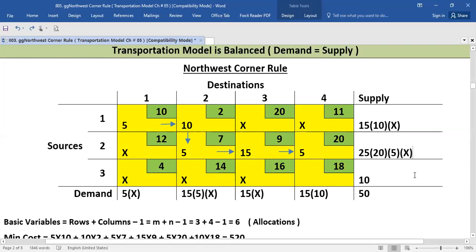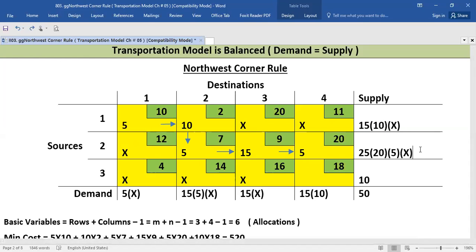As I have told you earlier, you will put a cross sign if there is any blank cell. You notice that in this row, no blank cell is there. So you will not put a cross sign. It will be in the same position. So this cross sign also indicates that your supply is complete.